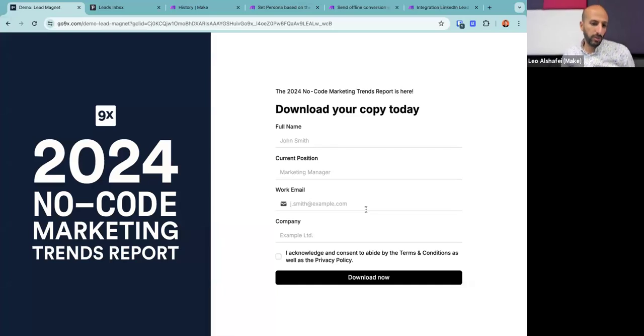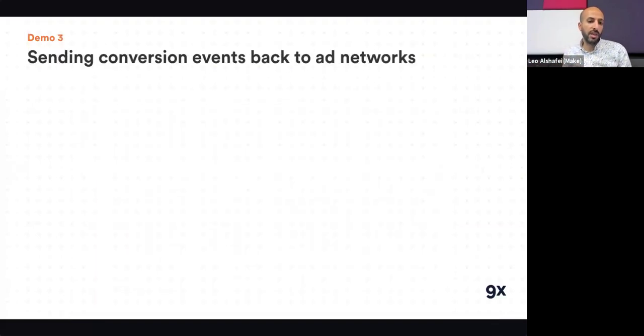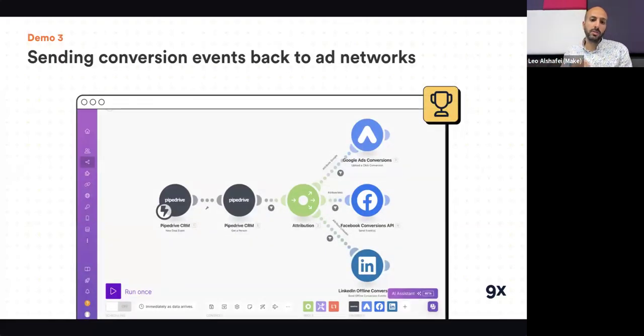All right, I think we are ready to move to the third part, the third demo, which is sending the conversion data back to the advertising platform. I think this is a very effective way to optimize your campaigns for the conversion that really matters to you. If you're a SaaS company, focusing just on signups is not always the best metric to look at.